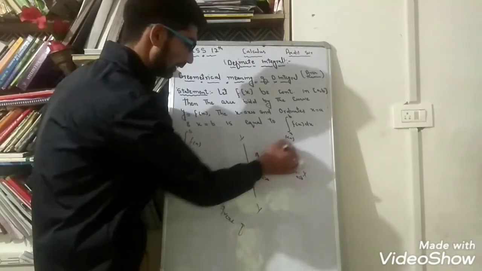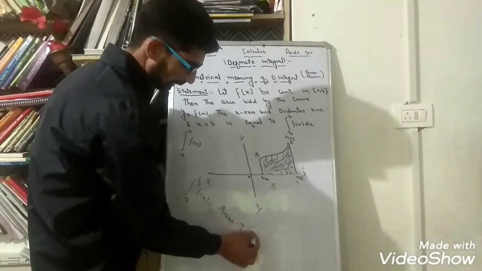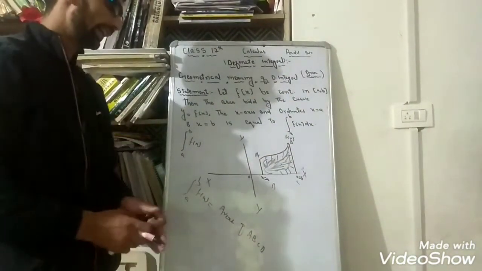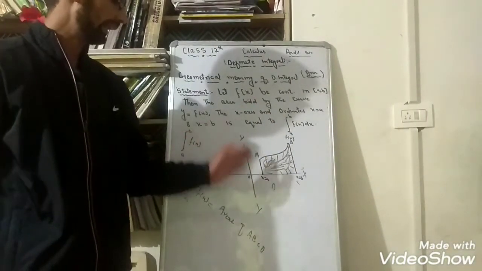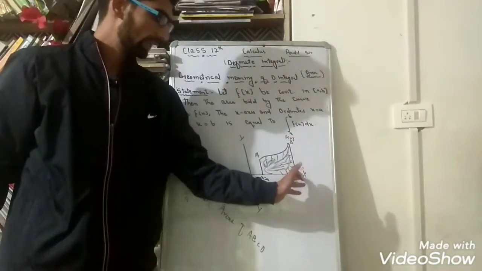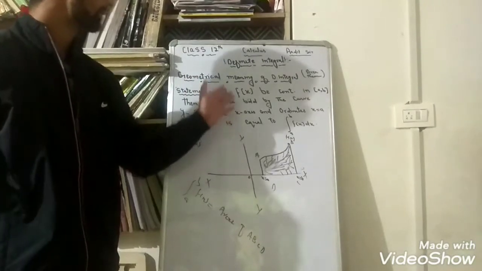I can represent this A and this B, this C, and the area of A, B, C, D. So geometrically, the definite integral is the area bounded by the curve f of x and the bounds x is equal to A and x is equal to B and the x-axis. This is the geometrical interpretation of the definite integral.